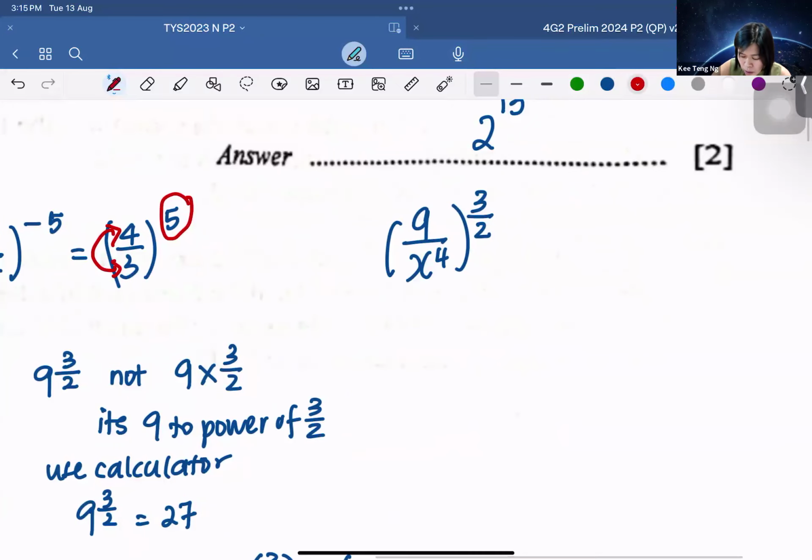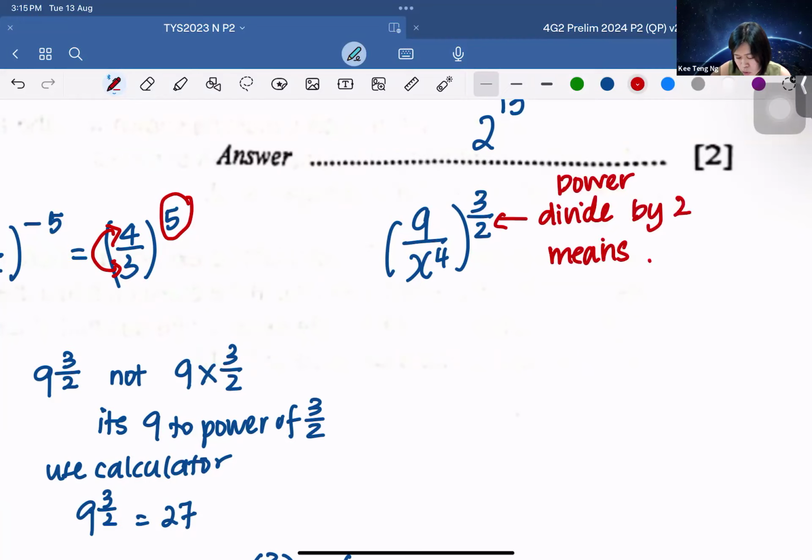When you have divided by 2, the power divided by 2 means take the square root. So I noticed some students actually went to take the square root of 9 over x to the power of 4 first. Let me draw this longer.